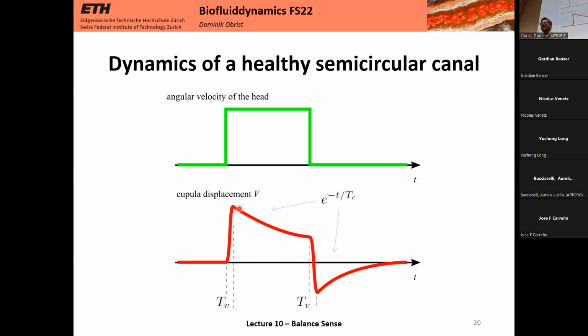We have a constant angular velocity, so we're on this flat part here. After maybe 10, 20, 30 seconds, the sensation of spinning wears off. Your system adapts, it has a mechanical adaptation, the cupola relaxes over that time. And after, let's say, 1 minute, everyone will have lost the sensation of spinning, even though you're still sitting on a spinning chair.